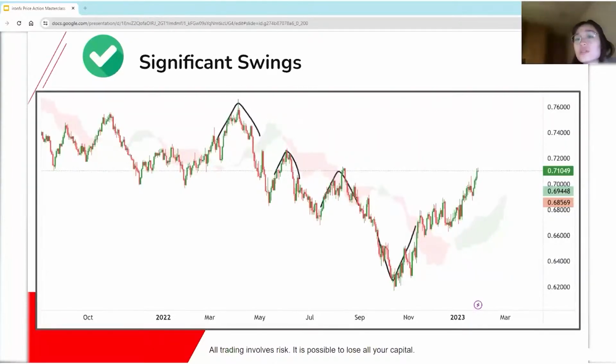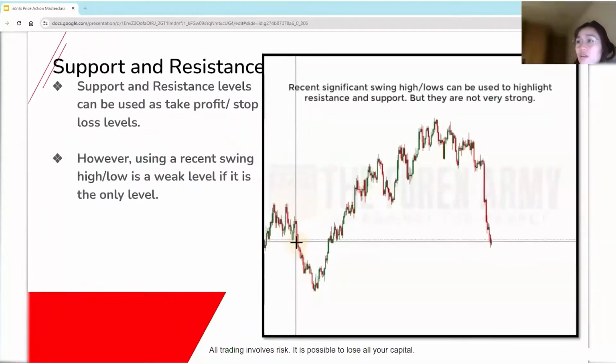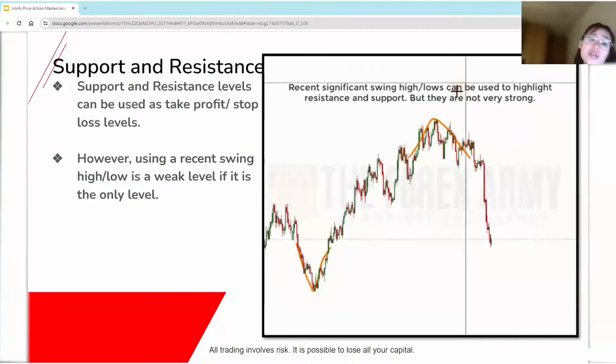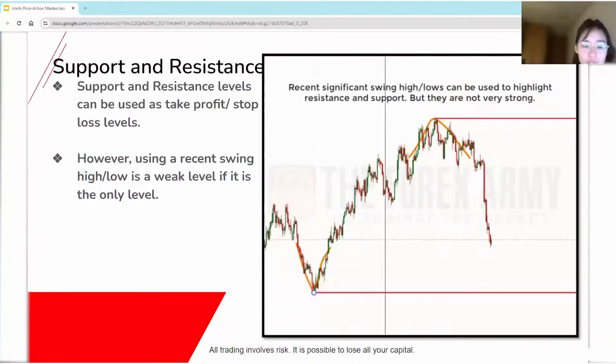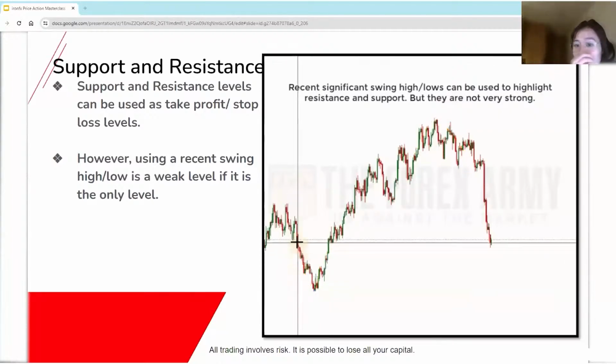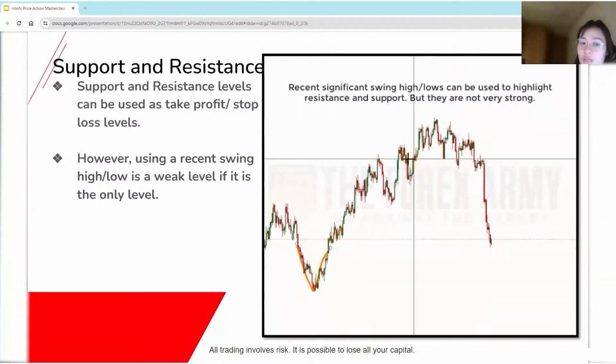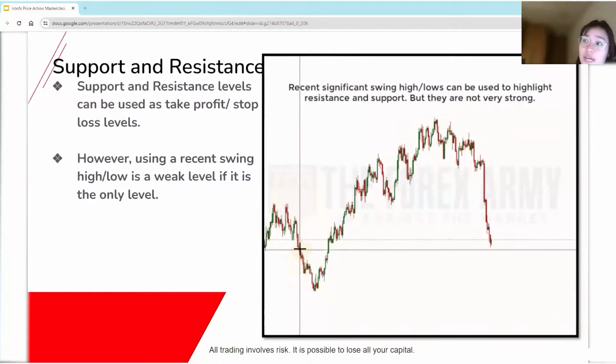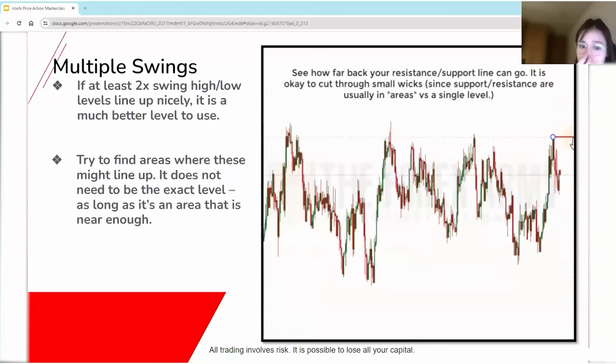So here's an example of significant swings. Very clear market movement here. And support and resistance. These levels, as I mentioned earlier, are used as your take profit, stop loss levels, entry, exit, and so forth. But an important thing to note is to make sure that there are multiple swing highs and lows that line up together so that it strengthens your entry and exit levels.